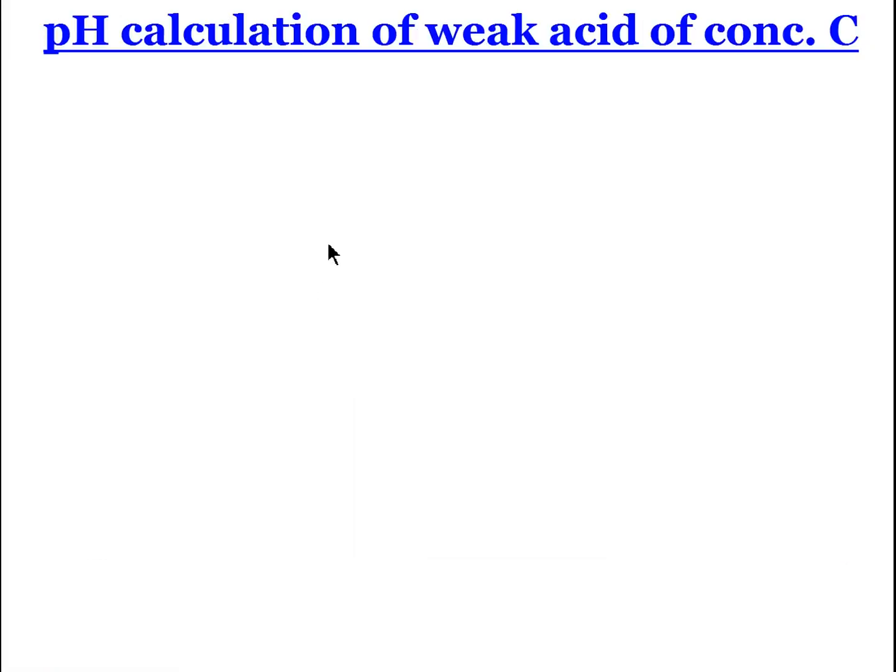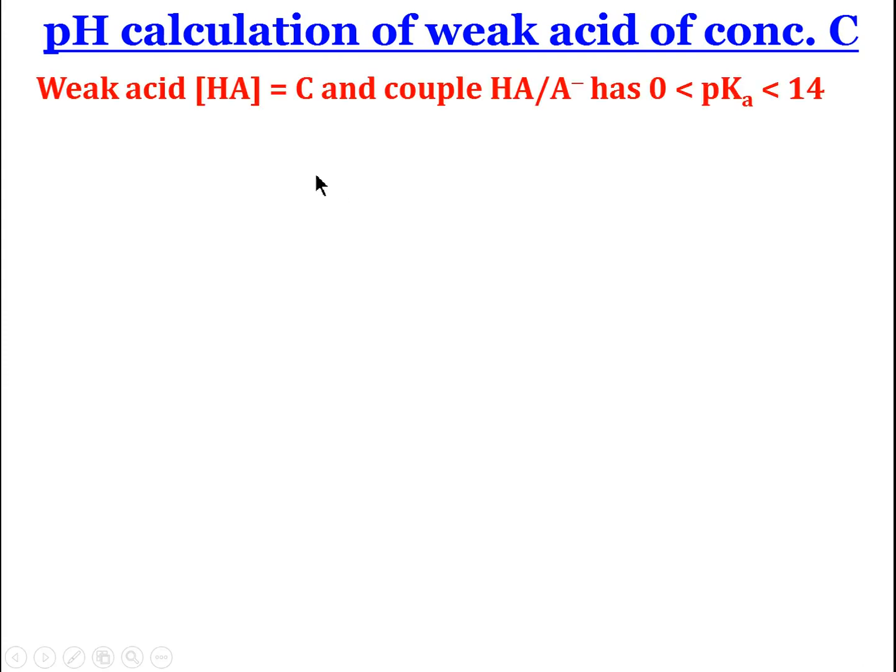In the pH calculation of weak acid HA of concentration C, and pKa of the couple is between 0 and 14, to calculate the pH, we follow the same steps studied previously. First, what are the species present?